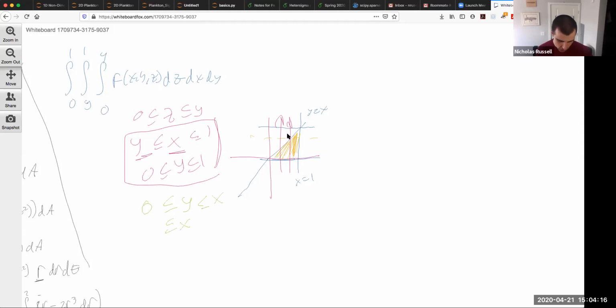And I know that x also is between 0 and 1. So another way I could write this is, I'm again integrating with respect to z first, but then I'm going to integrate with respect to y. So I'll go from 0 to x and 0 to 1. F dz dy dx.